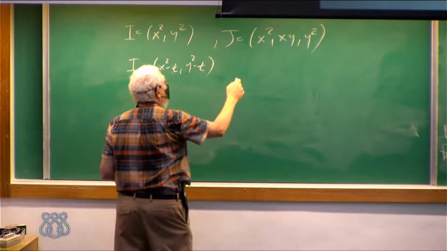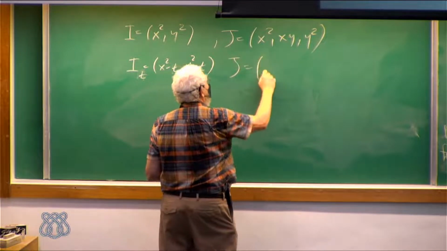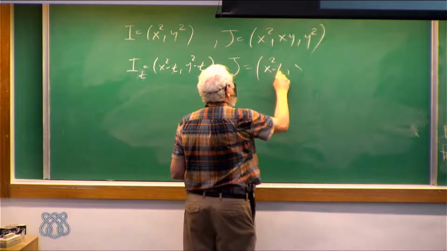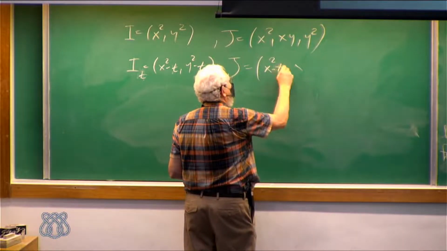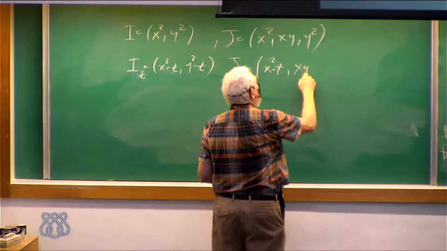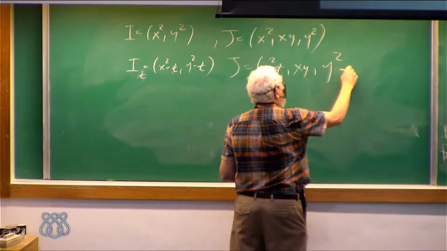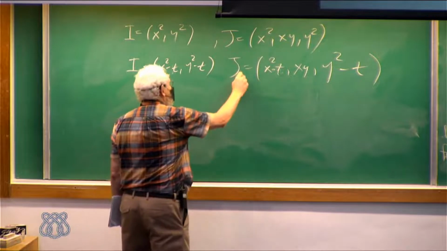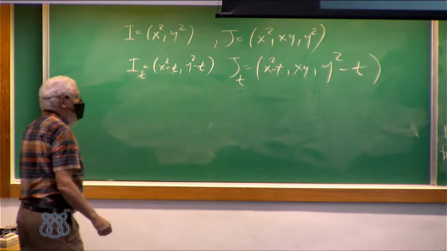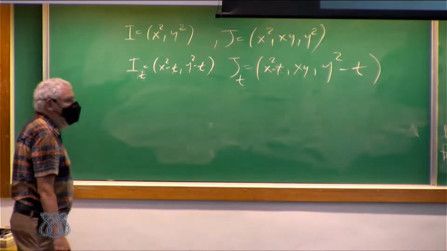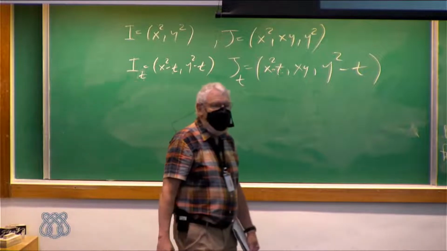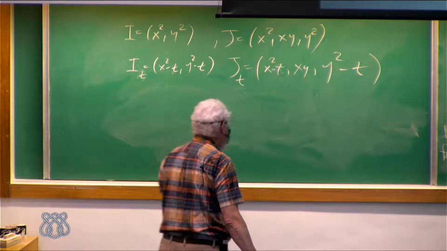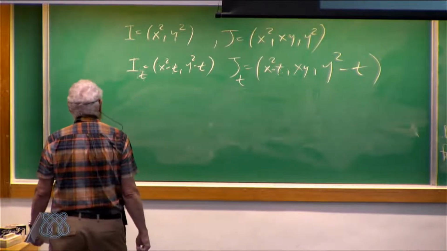There we go. And J_t is similar: x squared minus t, xy, y squared minus t. Okay, good. I want to apply the multiplicity polar theorem to this family of ideals, so we have to do some more calculations.